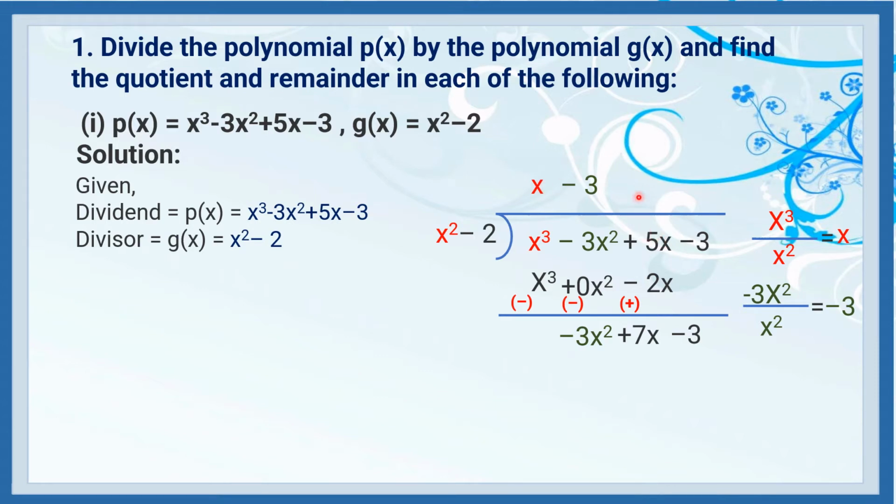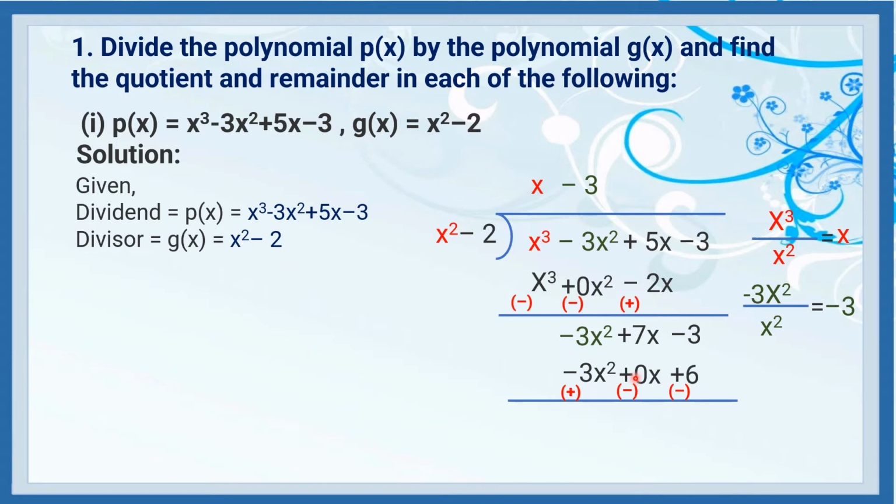So write this minus 3 in the quotient. Minus 3 into this term. So minus 3 into x square is minus 3x square. Minus 3 into minus 2 is plus 6. Here the x term is missing. So we write 0x then plus 6. Now we subtract these two. So change the sign. Minus means plus, plus means minus.